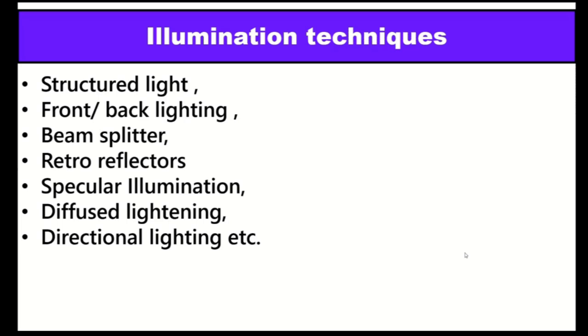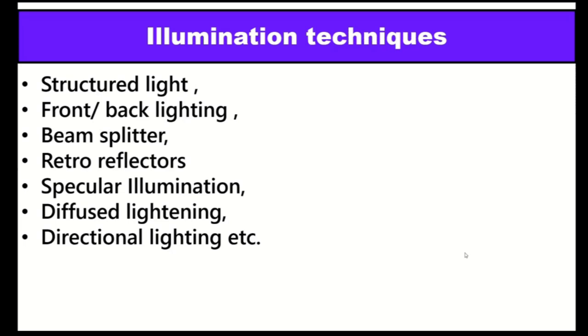Various illumination techniques are there. Many times illumination techniques depend on the nature of the problem also, but we are discussing some of them here. The illumination techniques are mainly structured light, where we have a particular arrangement of light so that a region of interest can be properly highlighted. Front and back lighting depend on transparent or opaque jobs.